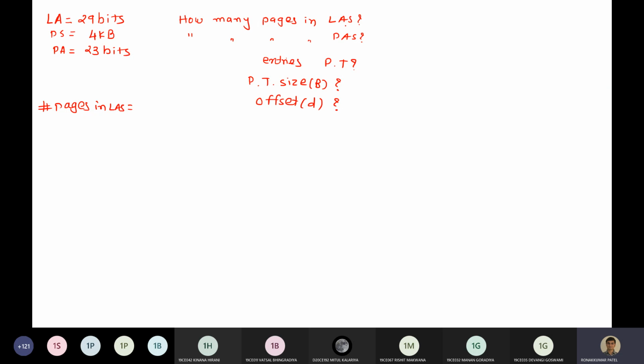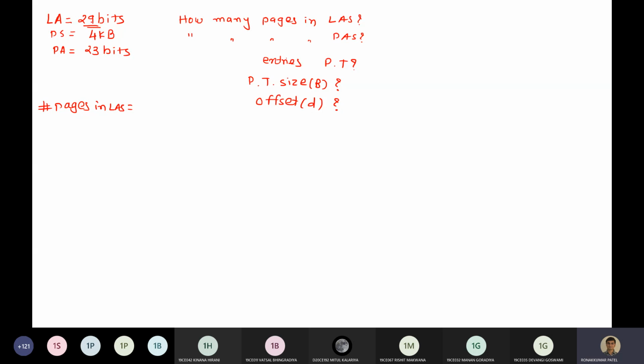So you require the process size, right? What is given? It is given that it's 29 bits, meaning your logical address space has 29 bits to address each byte.